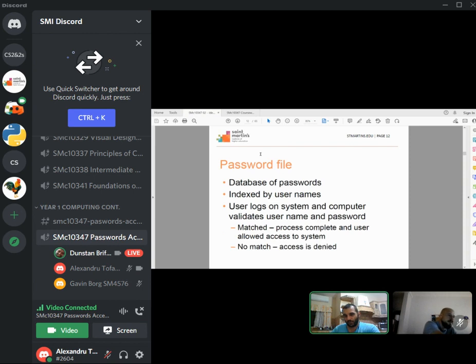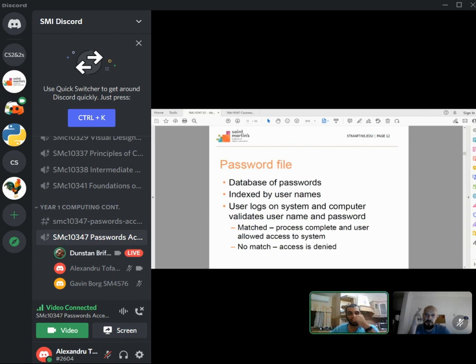Starting off with a password file. If we're mentioning passwords and we've got this checking to grant us access, somewhere there's going to be a file which is used to grant access. Traditionally, this is the password file.